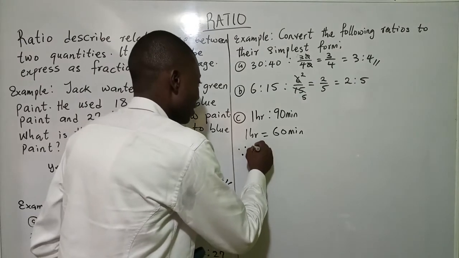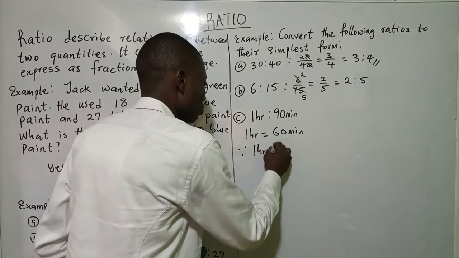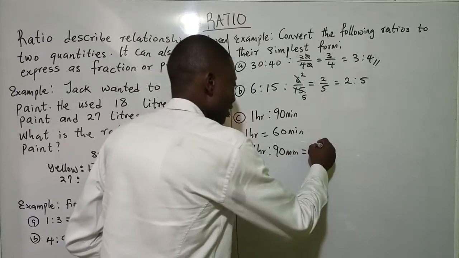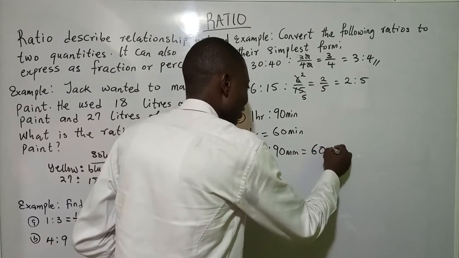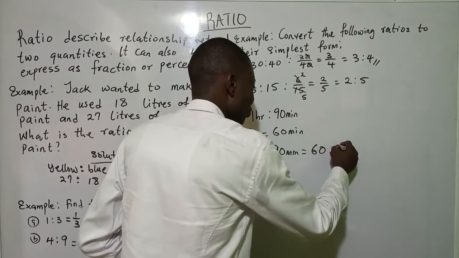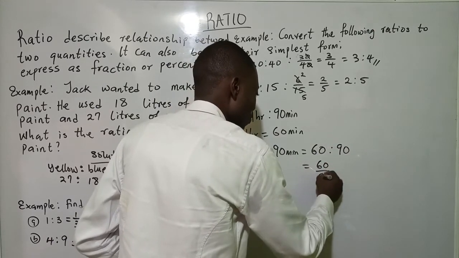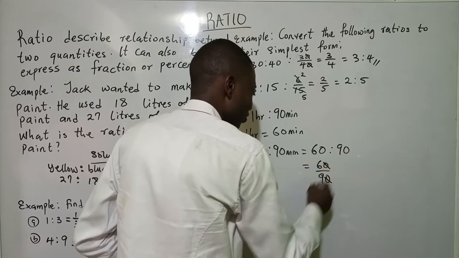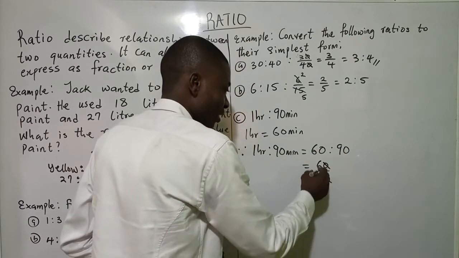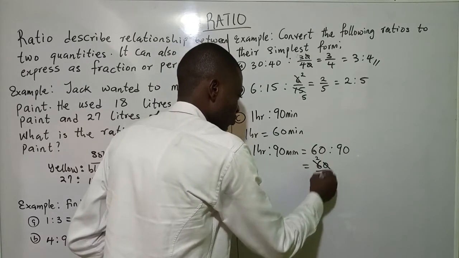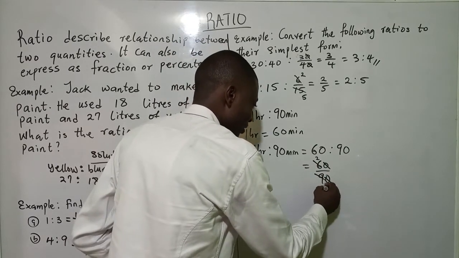Therefore, I will say 1 hour ratio 90 minutes is equal to 60 ratio 90, which is the same thing as saying 60/90. 0 cancels 0. Now 6 and 9, something can go. That is 3. 3 in 6 is 2. 3 in 9 is 3.